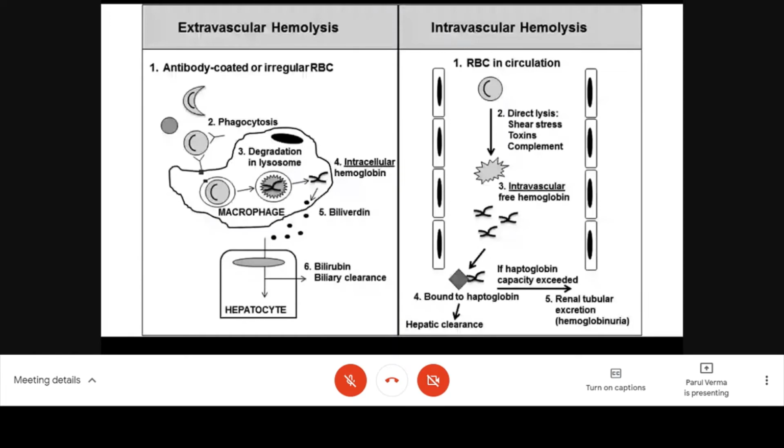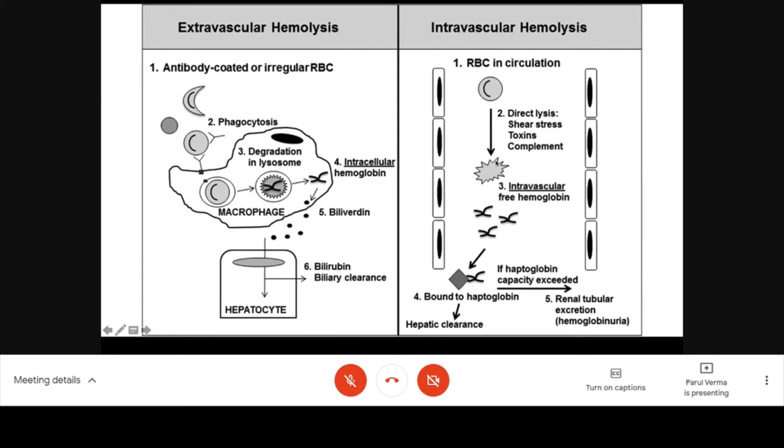So in extravascular hemolysis, classically seen in conditions like thalassemia major, in warm type of AIHA, there are antibody-coated RBCs which are phagocytosed by macrophages in the liver and spleen, and the hemolysis happens outside the blood circulation. That is why the name extravascular. And because of the breakdown of RBCs, bilirubin would be formed, some amount would be cleared, but because the production of bilirubin is higher than the capacity of the liver, the child would present with jaundice.